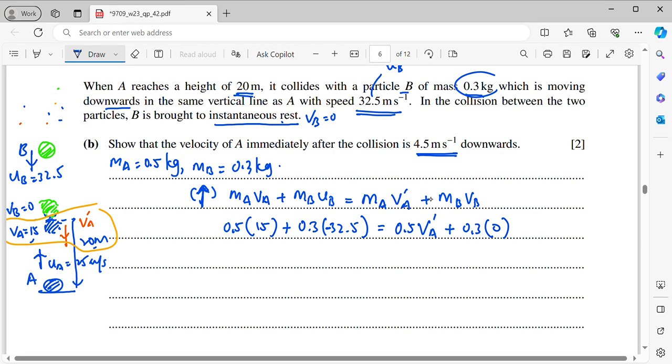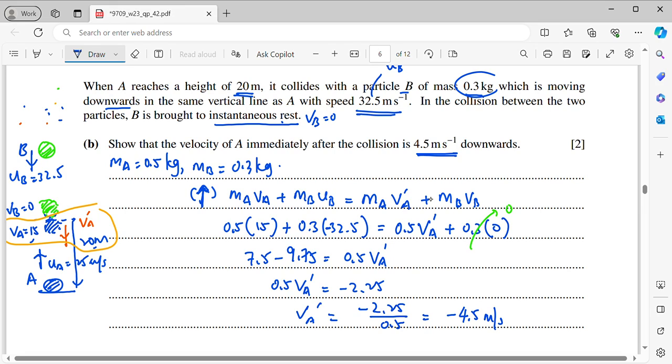So now the left hand side first term is going to be 7.5, second term is negative 9.75, then the right hand side is just 0.5 VA prime, because the last term is 0. Then I will be getting 0.5 VA prime is negative 2.25. Therefore, VA prime is negative 2.25 divided by 0.5, and you will be getting negative 4.5 meters per second.